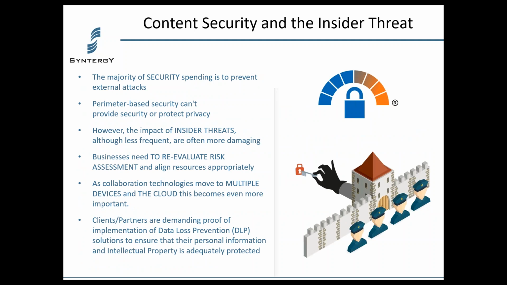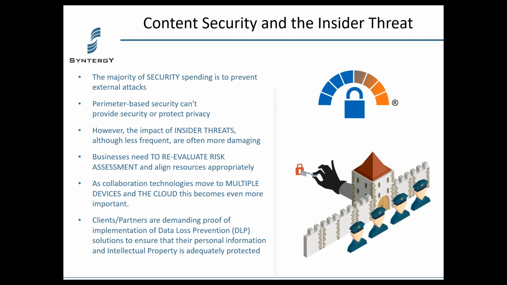The other sort of research data we're seeing is that the majority of the spending by organizations today is to prevent external threats. So you've got fortified firewalls, you've got all the latest and greatest security software to protect you from the outsider threat.